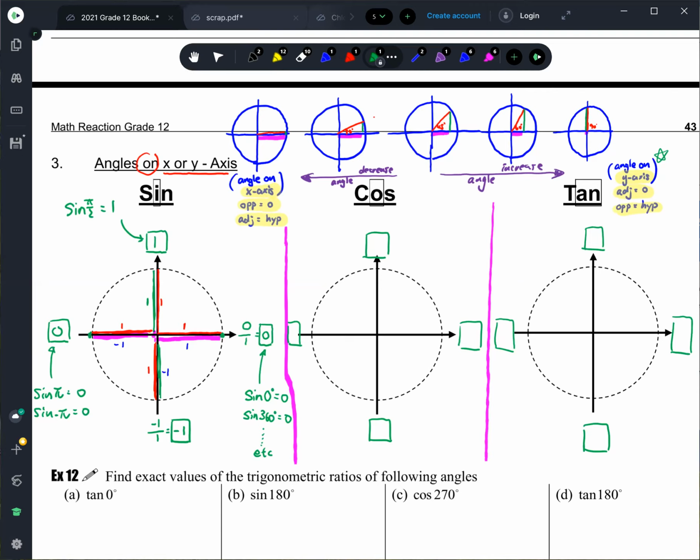So remember, if the angle's on the x-axis, think about which side disappeared. If it's on the y-axis, which side disappeared? And in different quadrants, which side is positive, which side is negative?